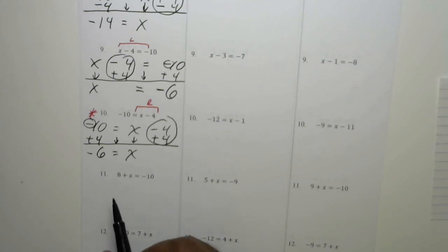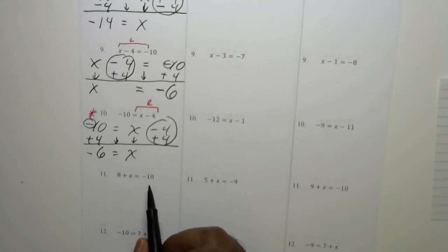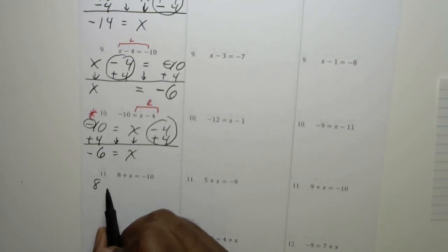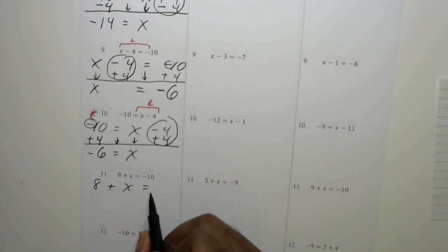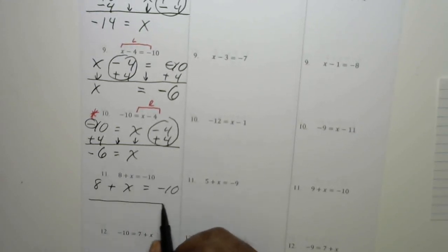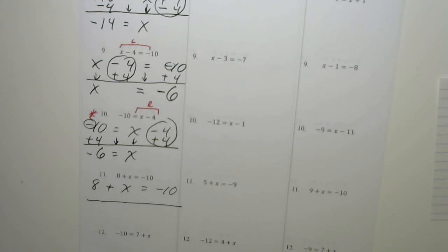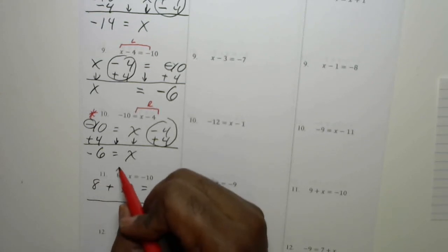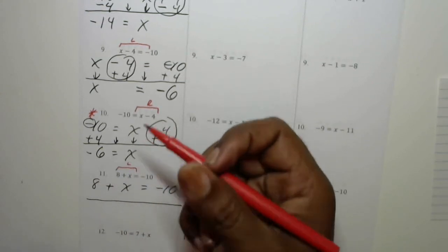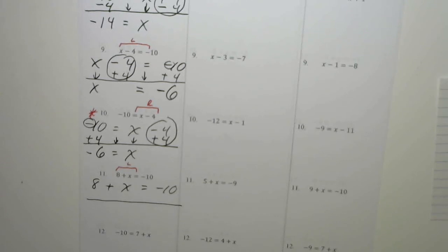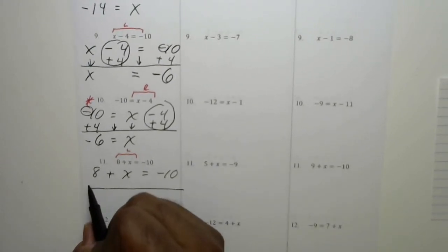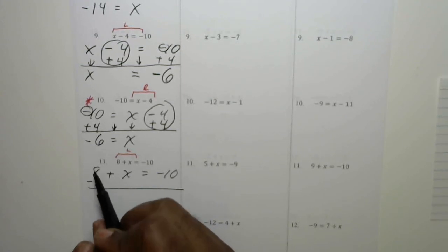Next, we have 8 plus what number is -10? So let's say 8 plus what number equals -10. And this is a left side problem. The x is on the left side. So we're going to get rid of the number on the left side, which is that 8 there. So let's say -8, and that'll get rid of the adding 8.